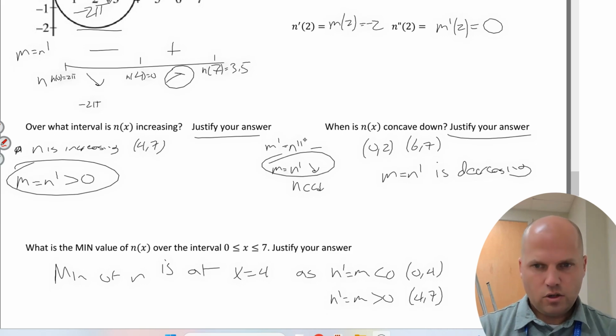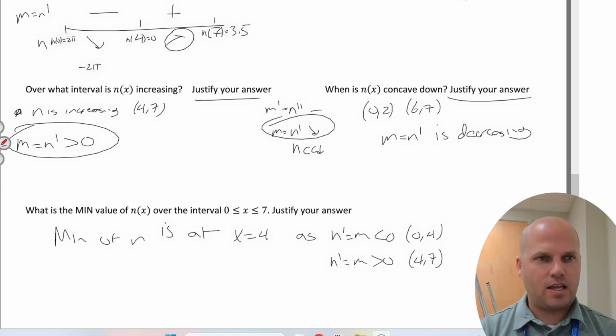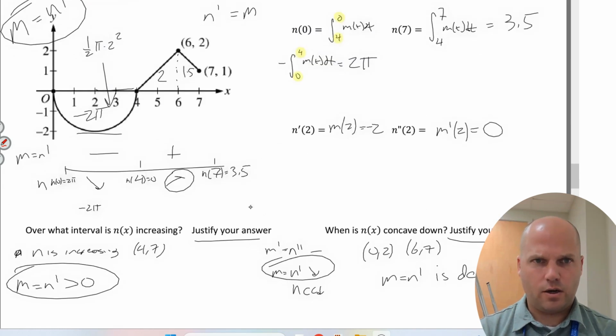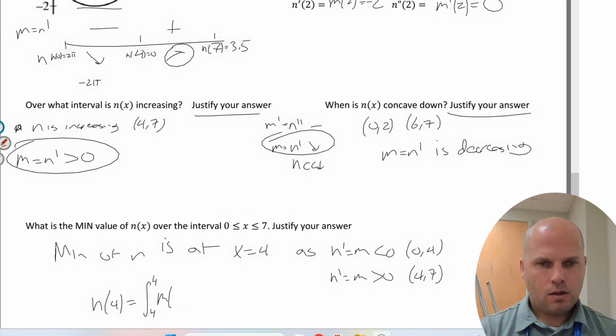So that covers my entire interval. It shows me why this is my only candidate, and I find n of 4, which is 0. I found it earlier. Did I find it earlier? No, I have to show my work. 4 to 4. 0.